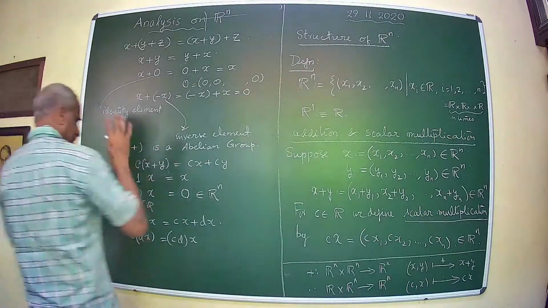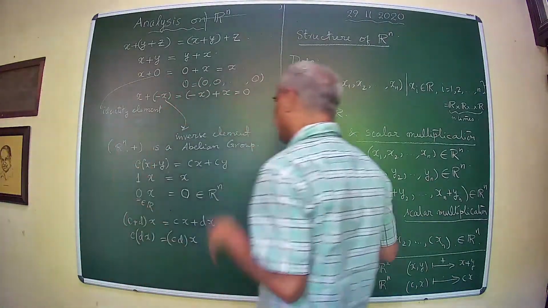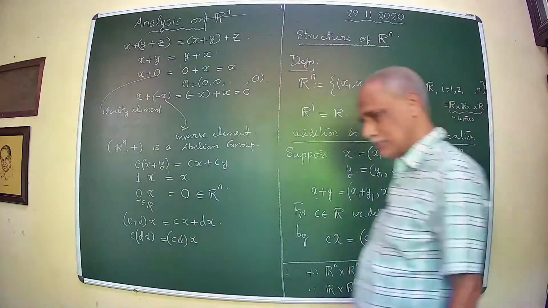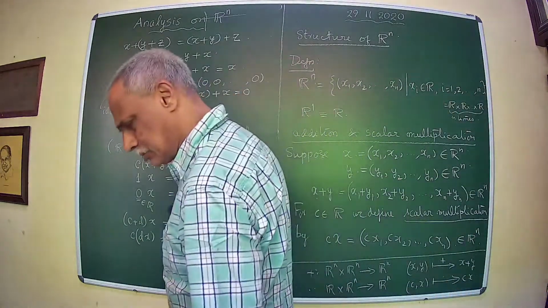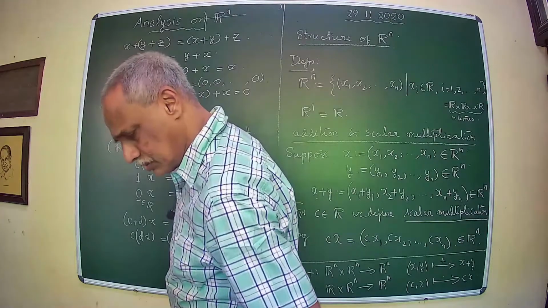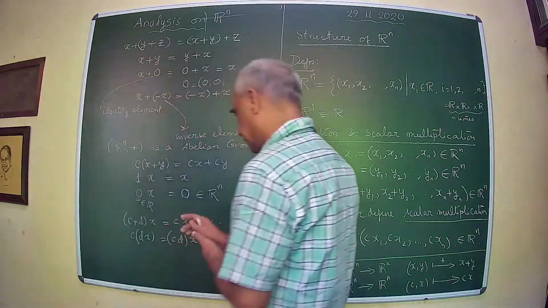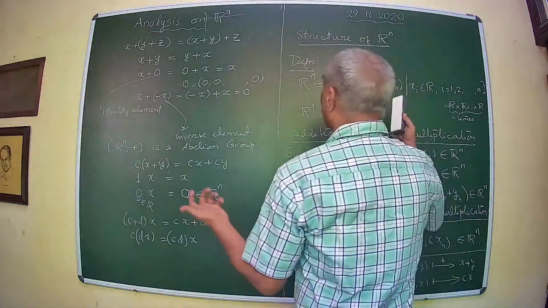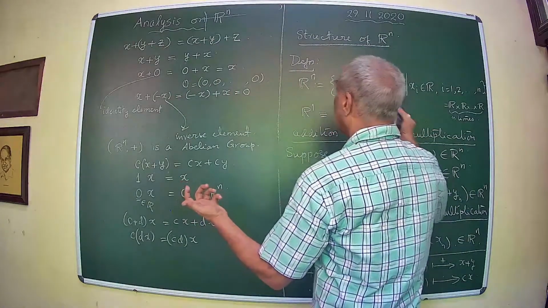And in fact, you can have generalizations, but we are only interested in R and company. So we are not going into the details, but those who are interested can go to the study of vector spaces.